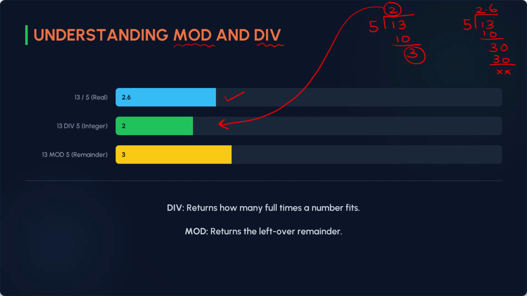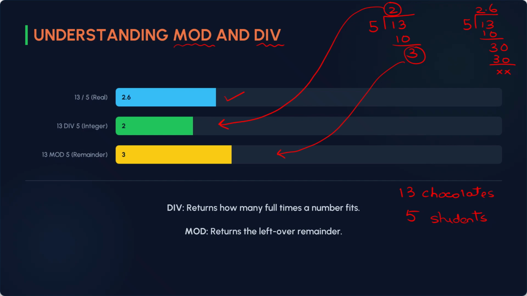Whereas the remainder is actually given by the mod operator or the mod function. To understand it more clearly, consider that there are 13 chocolates that need to be distributed among 5 students. When we distribute 13 amongst 5, each of the 5 students will get 2 complete chocolates.